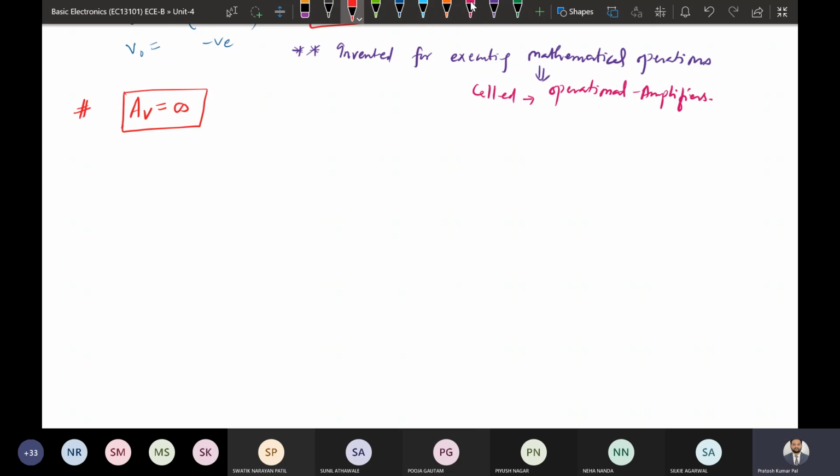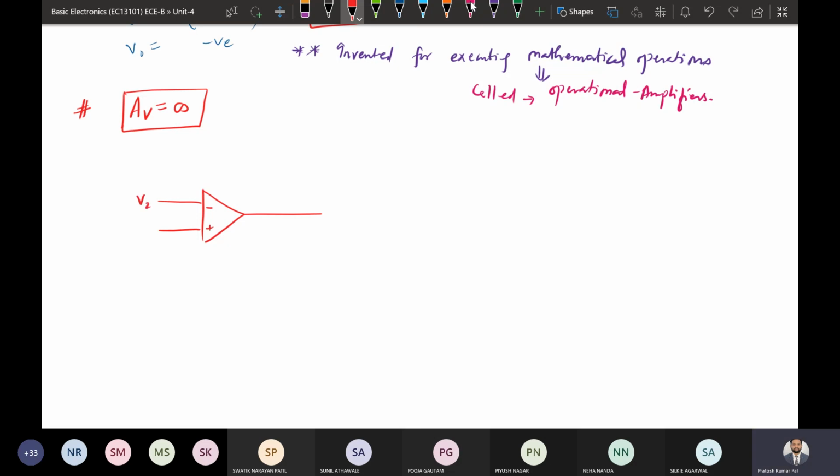Here we are going to see the effect of AV equal to infinity. This is our operational amplifier. This is the symbol. Here this is negative and this is positive. Two different inputs are there.